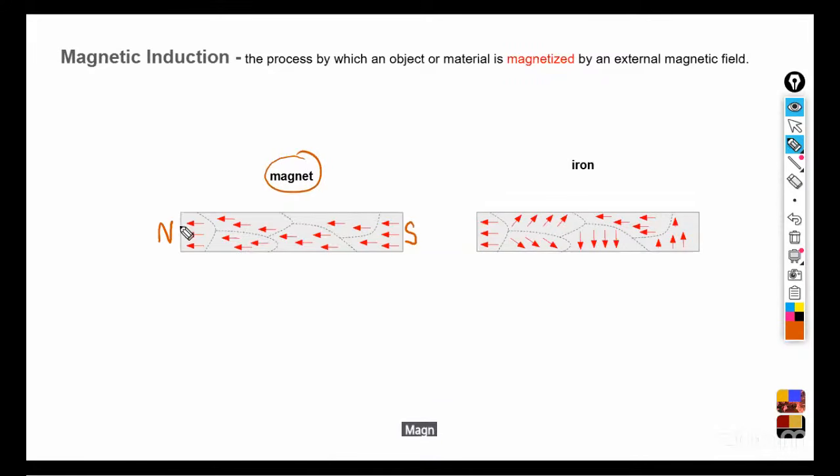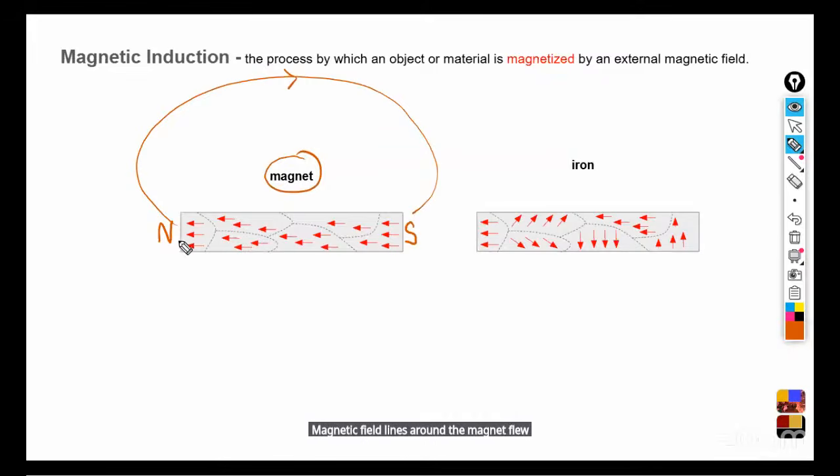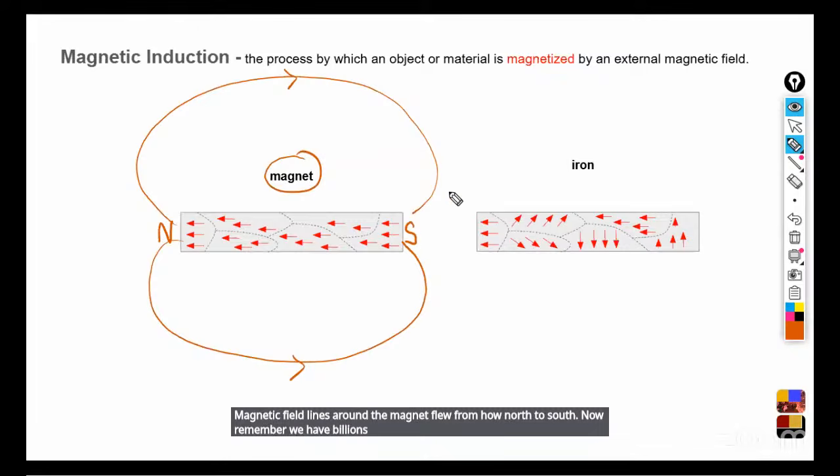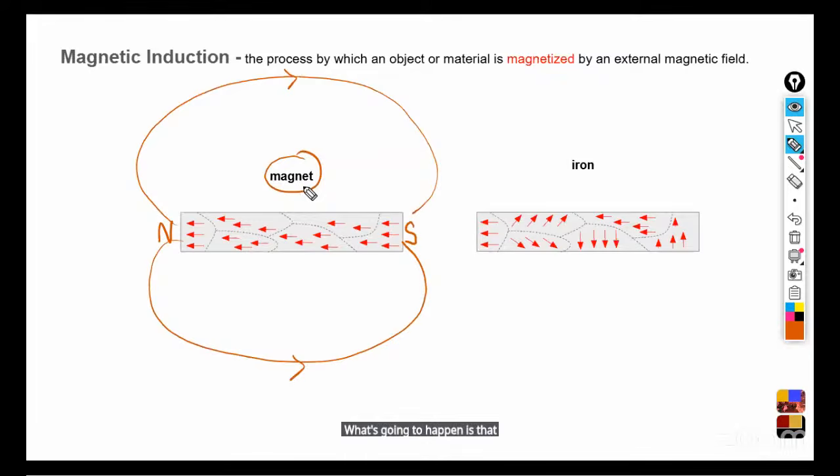Magnetic field lines around the magnet flow from how? North to south. Now remember, I have billions of these lines here. What's going to happen is that when you bring a magnet close to a piece of iron, initially the iron is actually not attracted to the magnet.